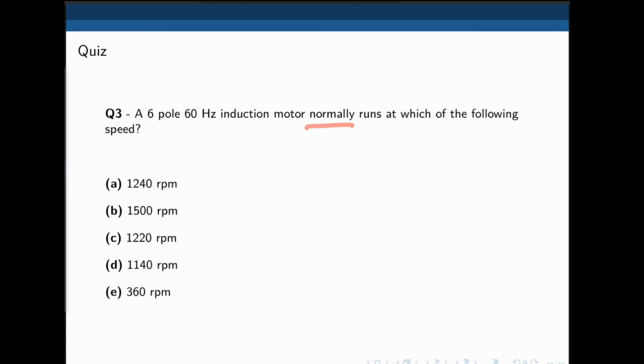What is omega n? Ns is 120 times f over P. And how much is this? So why is it 1800? Divided by 6, sorry. 1200.